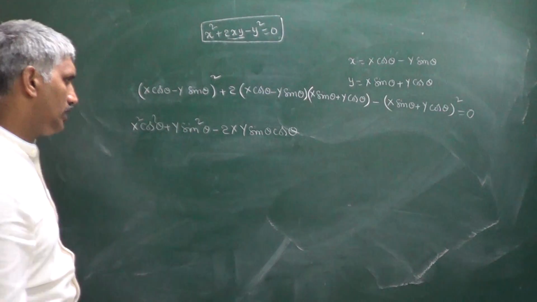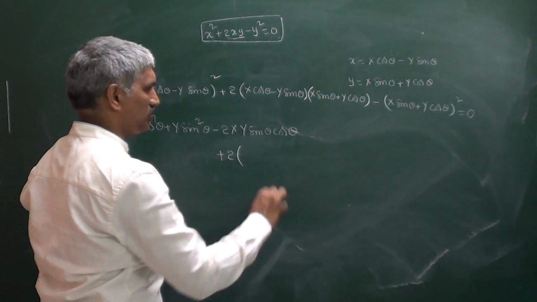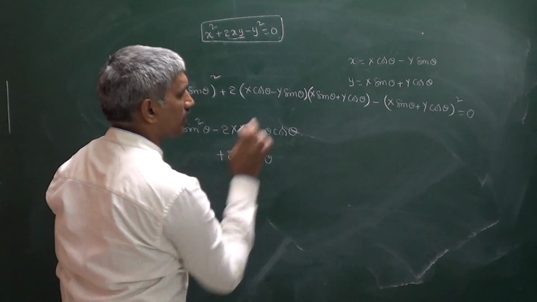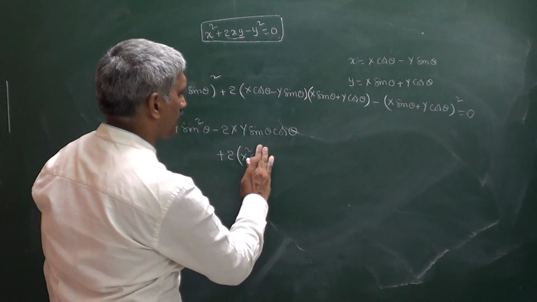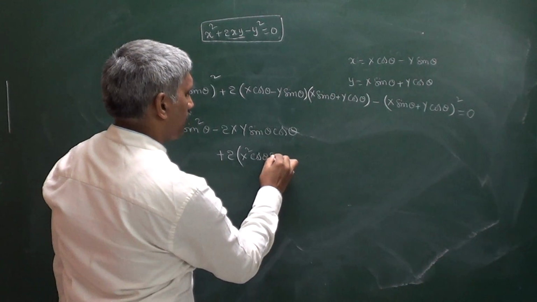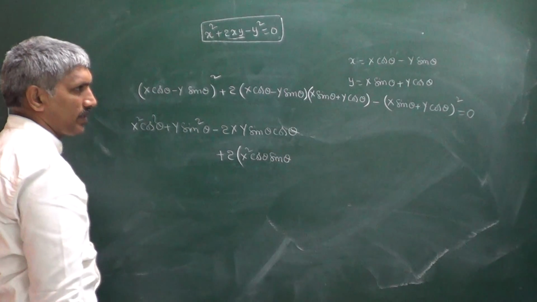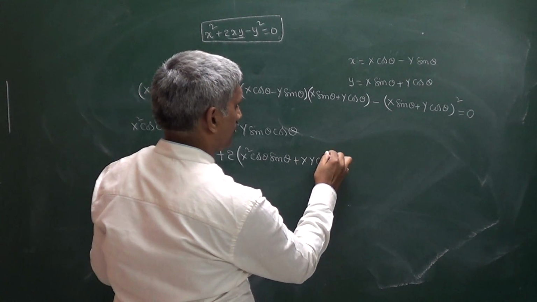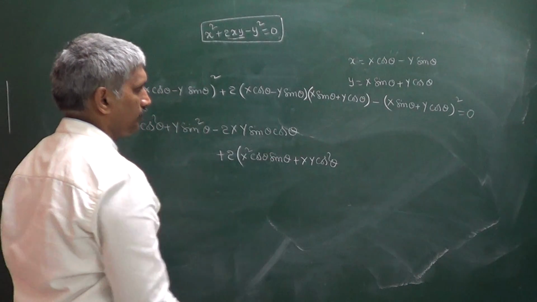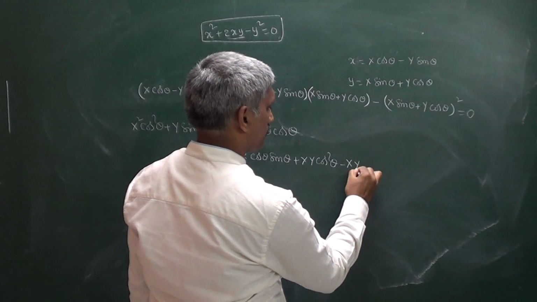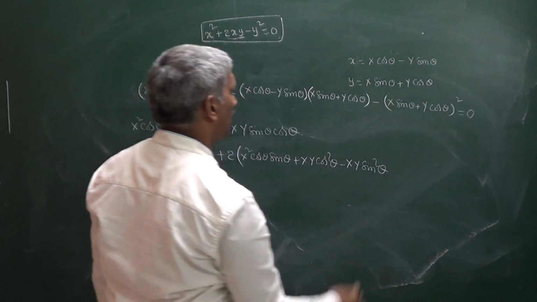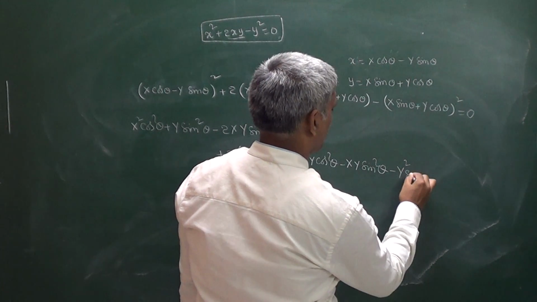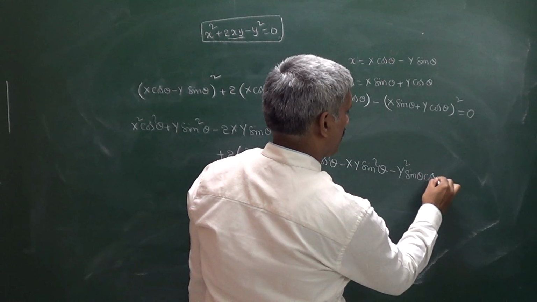Next, plus 2 into x square cos theta sin theta, plus xy cos square theta, minus xy sin square theta, minus y square sin theta cos theta.